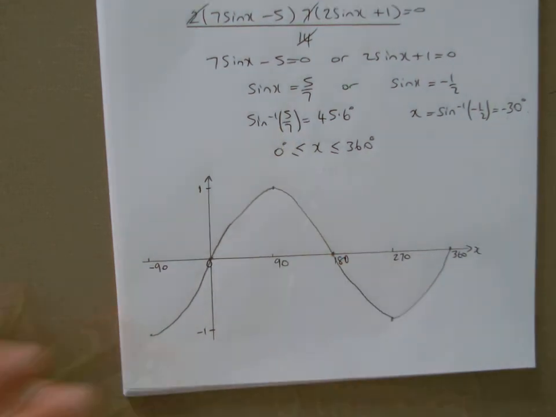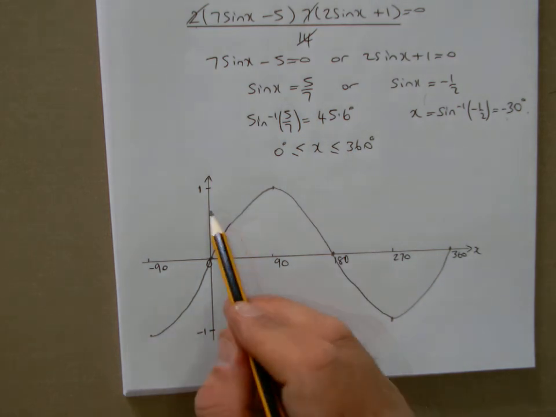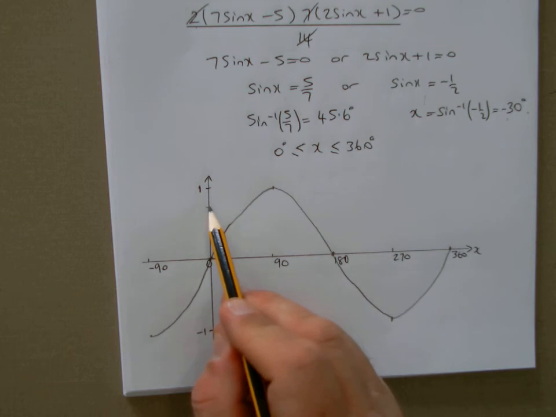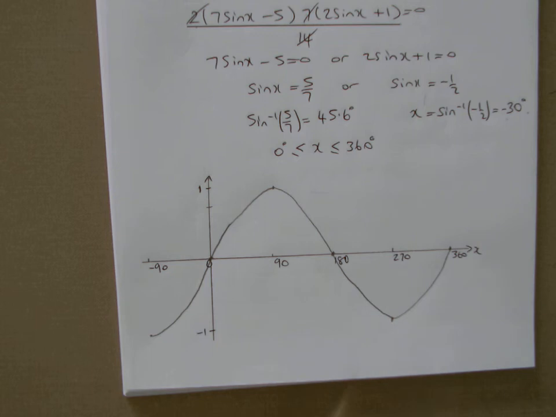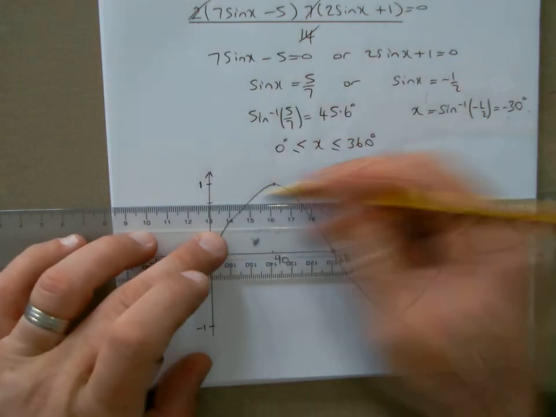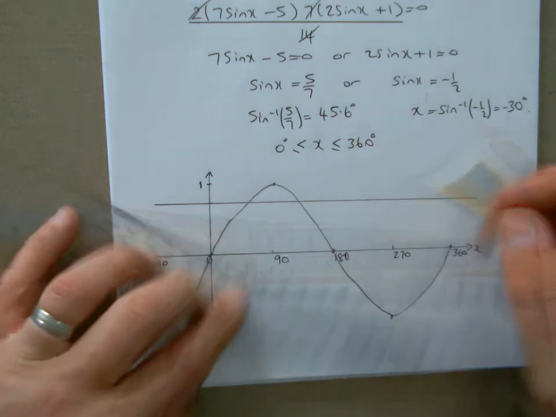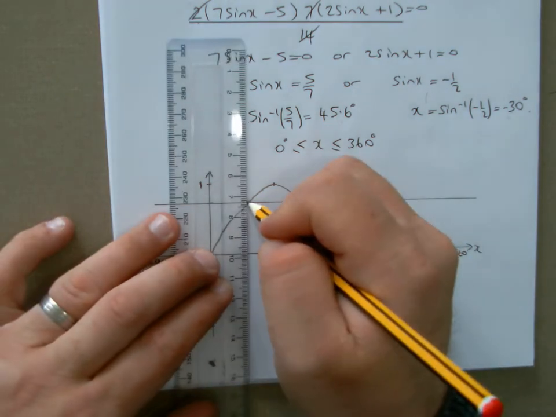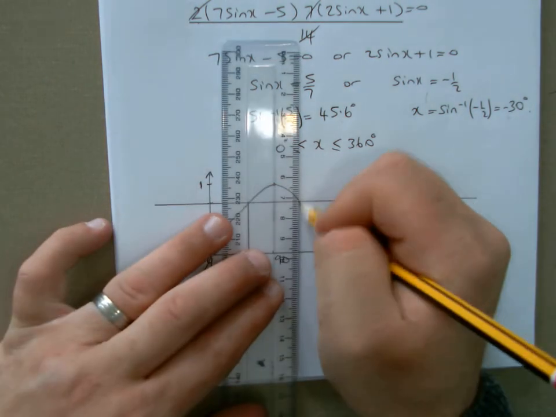So what I'll do then is work out what the other solutions are. When sine x is equal to 5/7, if you think about it, 5/7 is about 0.7, so it's going to be about there. If I draw a line across, you can see where it hits the graph. It hits the graph at 2 points.